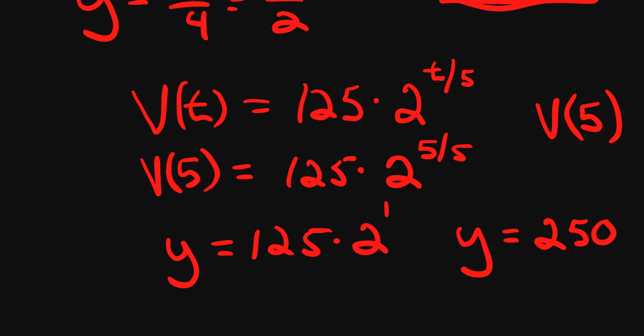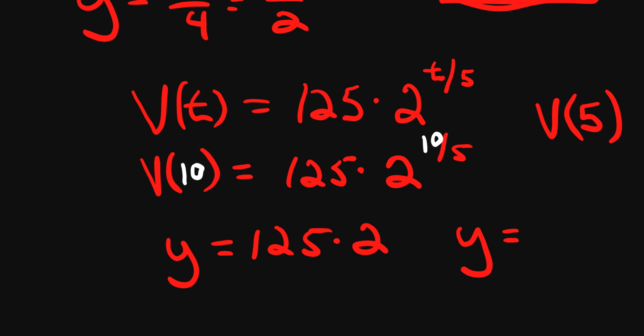Okay, let's see, what was the second one? I think you get this, I hope so anyway. V of 10 is the next one. So what do I have to do here? I'll get my eraser out, and I'm going to substitute, instead of 5, I'm going to put a 10 there. Okay, I'll even erase this here, and I'll substitute what I had, and I'll use a different color now. So this is not v of 5, but v of 10 now. And the 10 will go here where the t was, and now I can evaluate this.